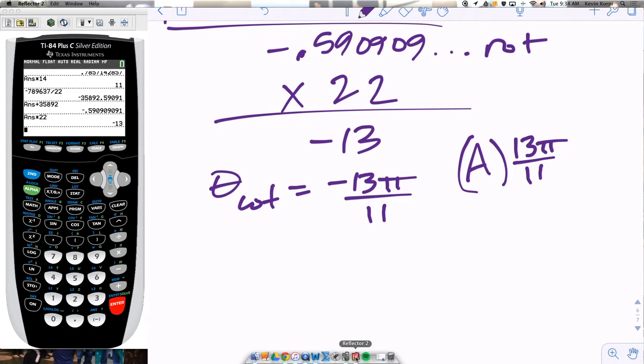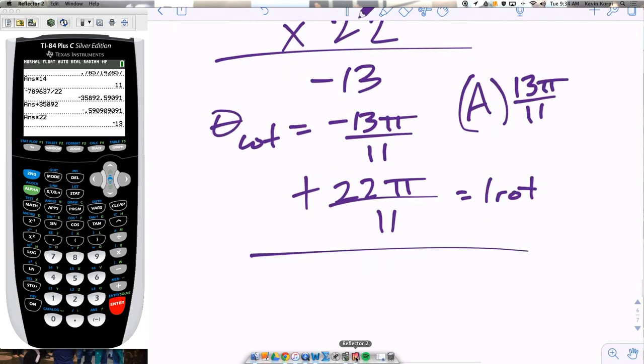All I have to do is add one full rotation to this, which is how many pi 11ths? 22. So if you just add 22 pi 11ths to that answer, which is equal to one rotation, what's 22 minus 13? 9. So 9 pi 11ths is the one we want.